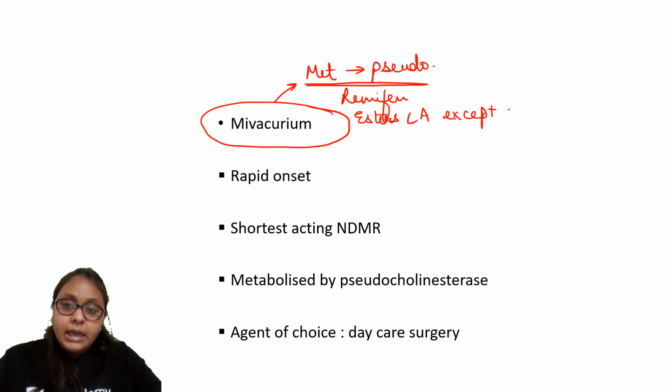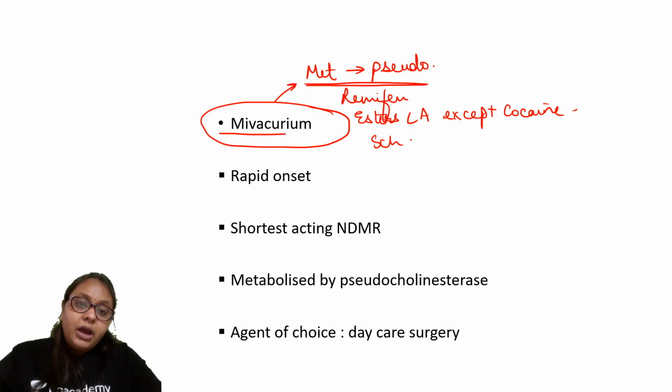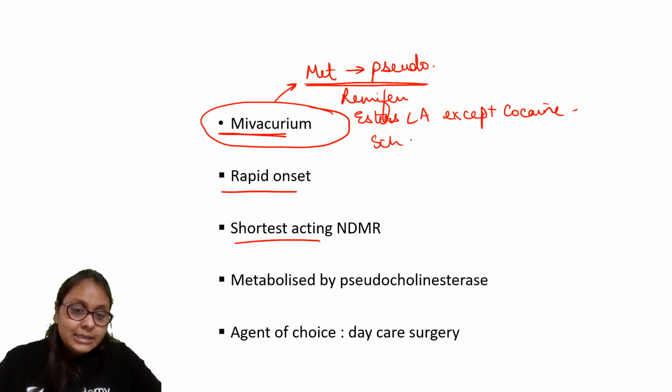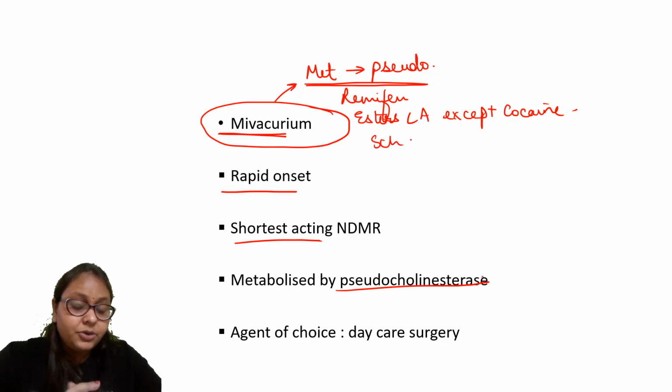Except cocaine and succinylcholine. So please remember this. Mivacurium is rapid onset, shortest acting, metabolized by pseudocholinesterase, and therefore it is used in daycare surgery.